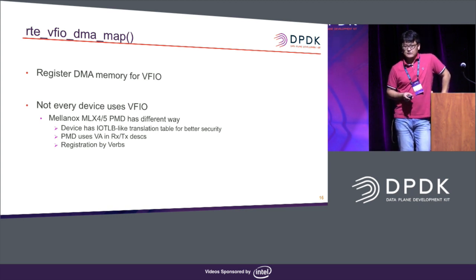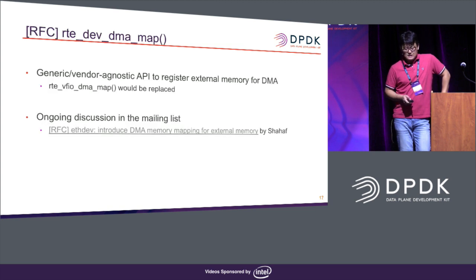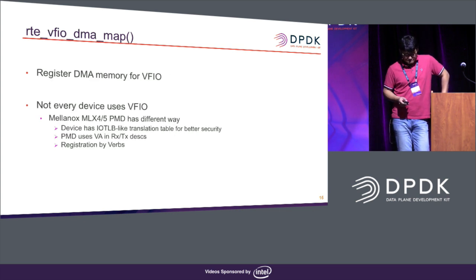So Anatoly and Mellanox agreed that this should be replaced with a more generic API like rte_dev_dma_map. It is a generic, vendor-agnostic API to register external memory for DMA. It's still an ongoing discussion at the RFC stage, so you're welcome to join.